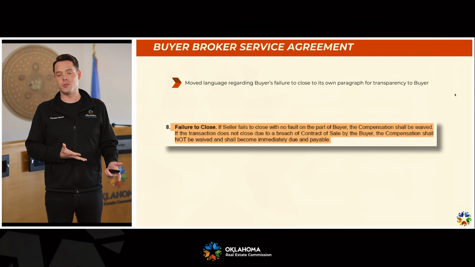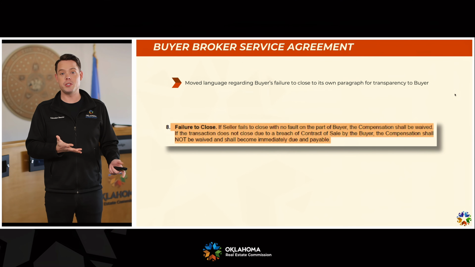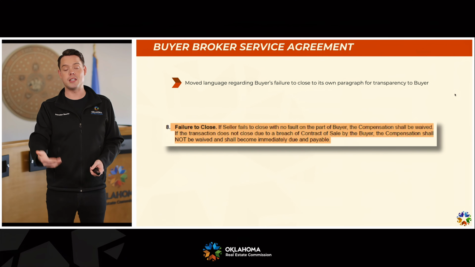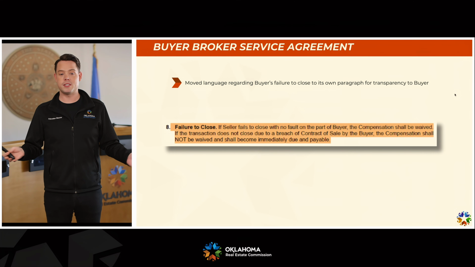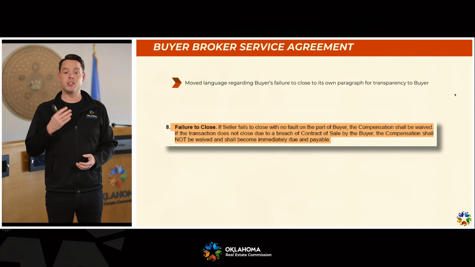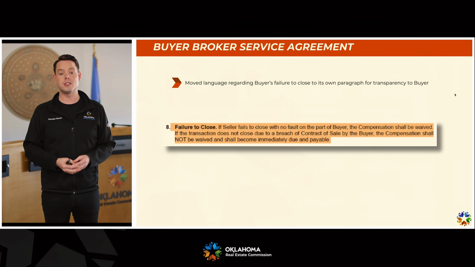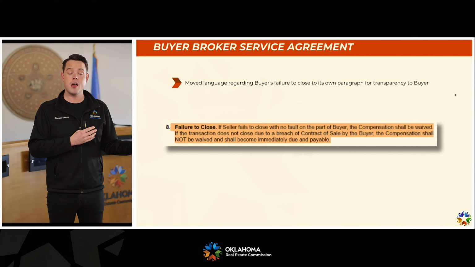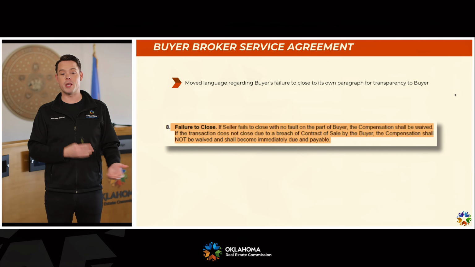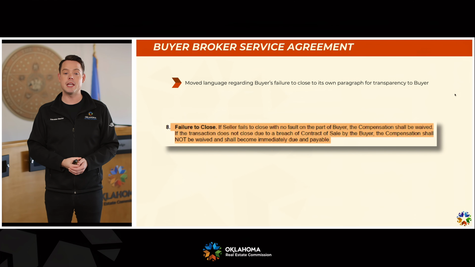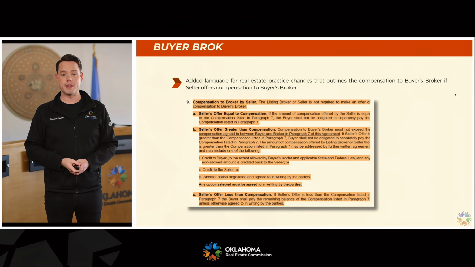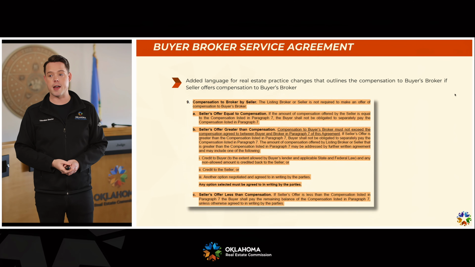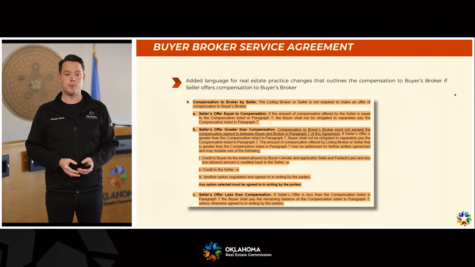And if the deal does not close and it's of no fault of the buyer, then the compensation is waived. However, if the transaction does not close and it's due to a breach of the contract of sale from the buyer, the compensation is not waived and it is immediately due and payable. So again, you want to make certain that you go over that really well with your buyers.